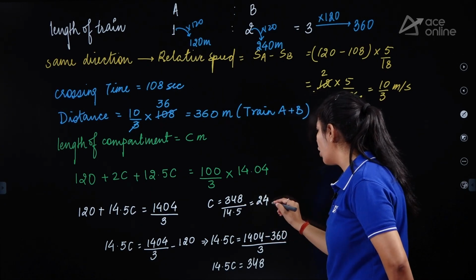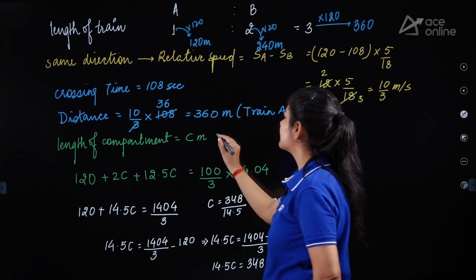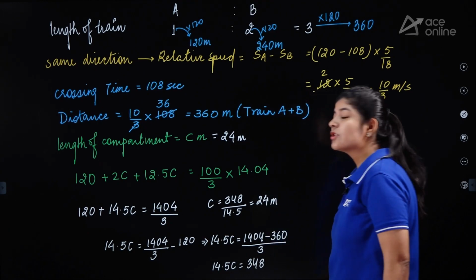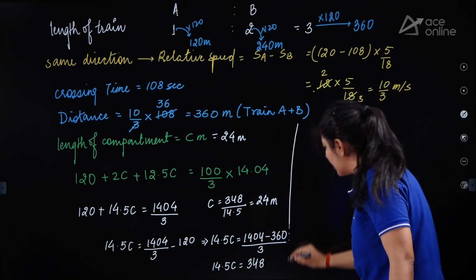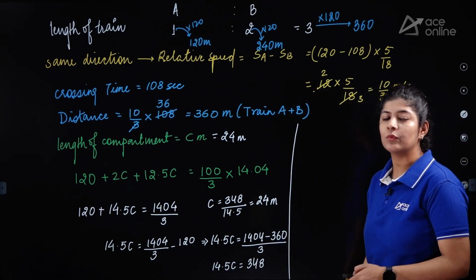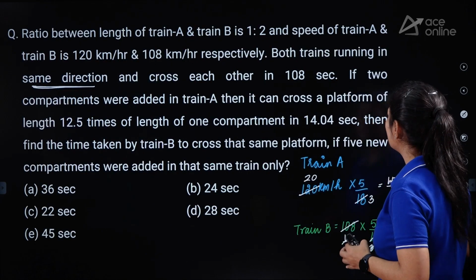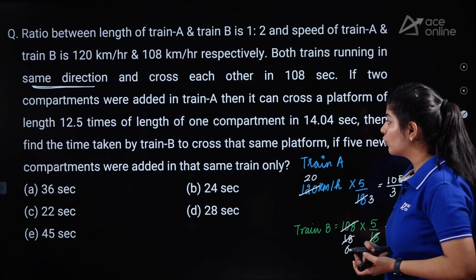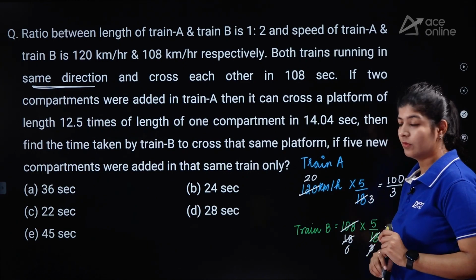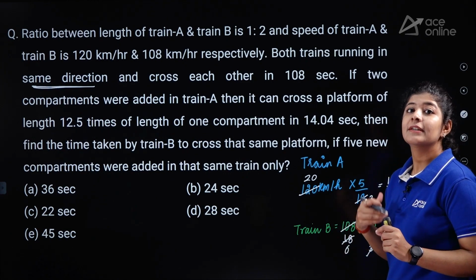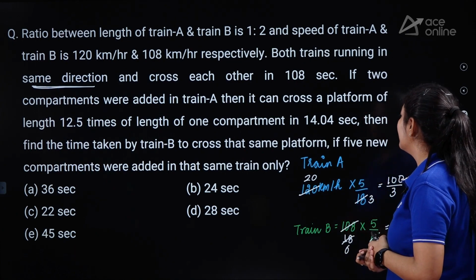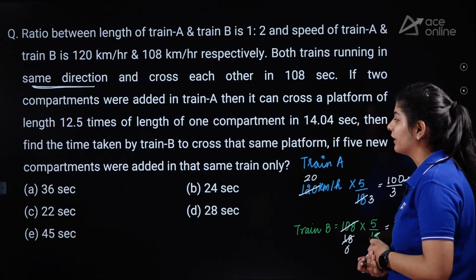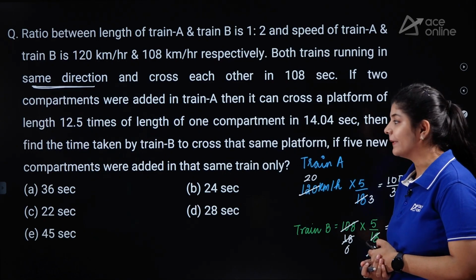So the length of each compartment is 24 meters. Now, what next do we have to calculate? We have to find the time taken by train B to cross the same platform. Okay, so first we need to calculate the length of the platform as well. If 5 new compartments were added in the same train only, that means for train B.